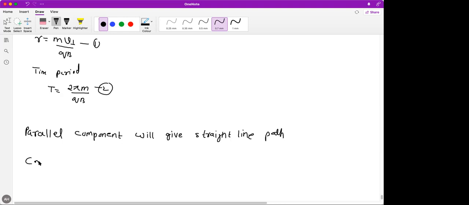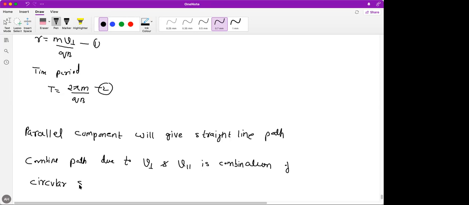So the combined path due to v perpendicular and v parallel is a combination of circular and straight line. It would be helical.